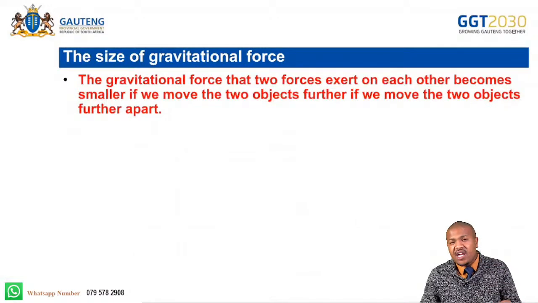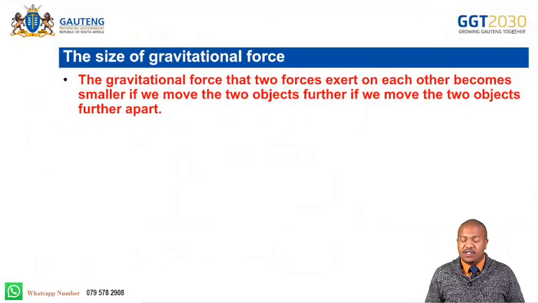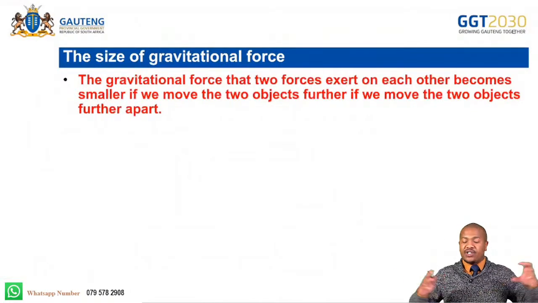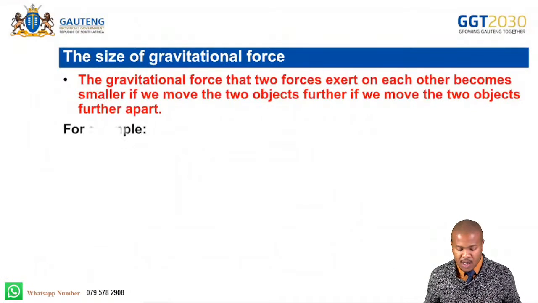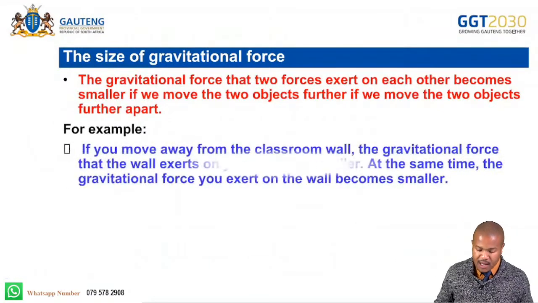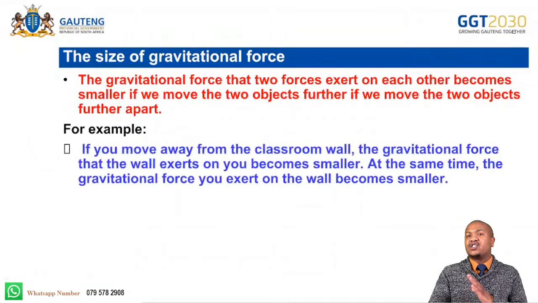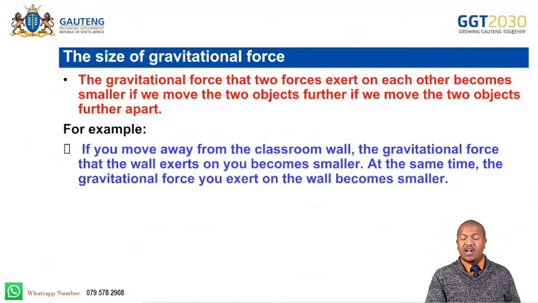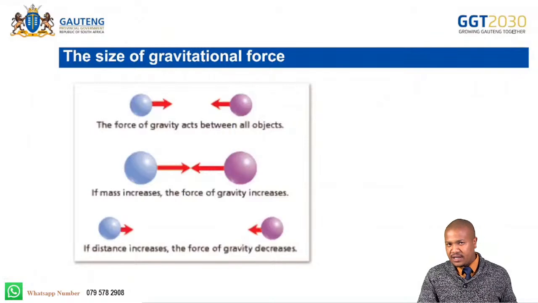The gravitational force that two objects exert on each other becomes smaller if you move the objects further apart. For example, if you move away from the classroom wall, the gravitational force that the wall exerts on you becomes smaller. At the same time, the gravitational force you exert on the wall becomes smaller. This is what I mean here.